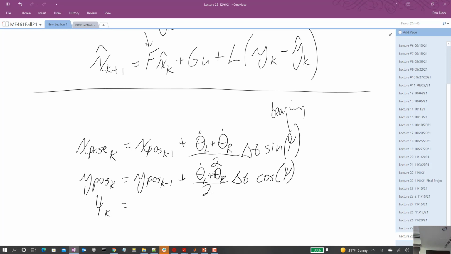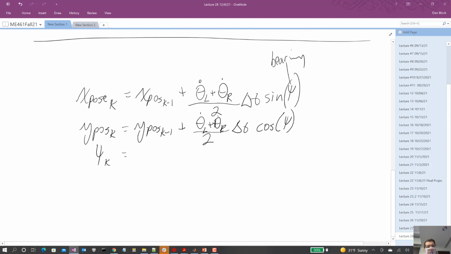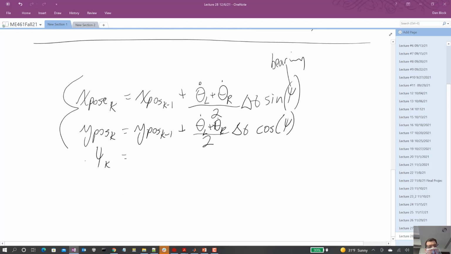Well, the idea is we're going to call this the prediction step. So this is what we're going to call our model.